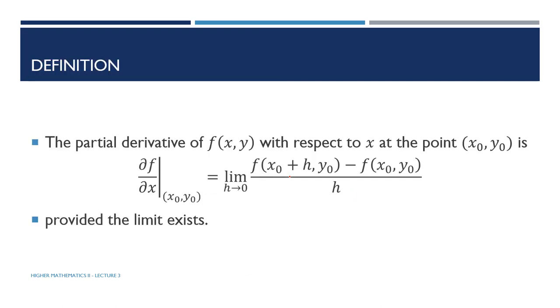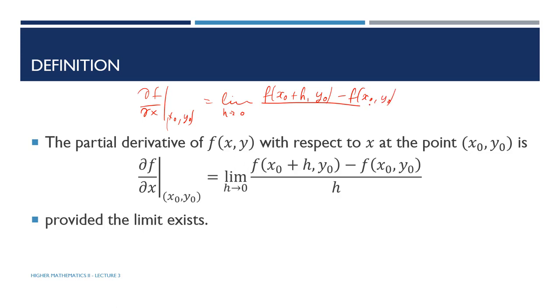The partial derivative of f of x, y with respect to x at the point x0, y0 is this expression. We write ∂f/∂x at x0, y0 equals the limit as h tends to 0 of f of x0 plus h, y0 minus f of x0, y0, over h.